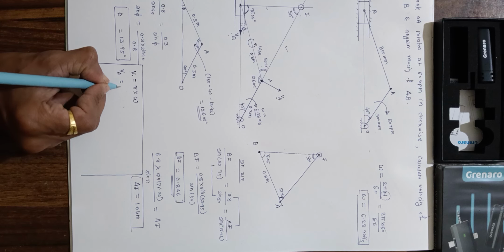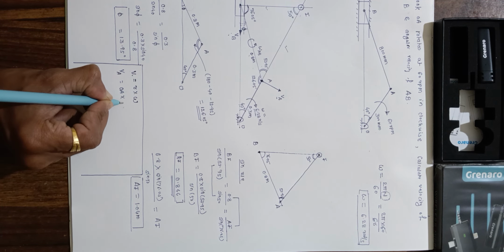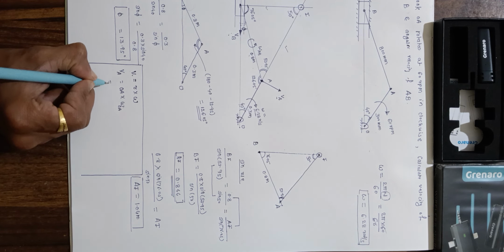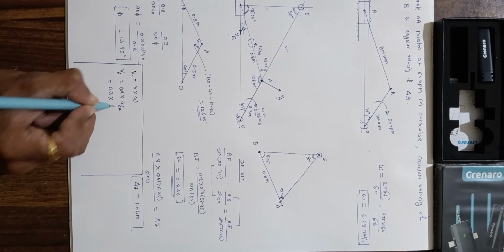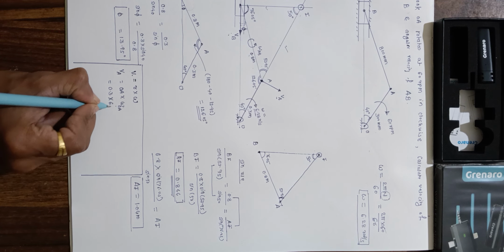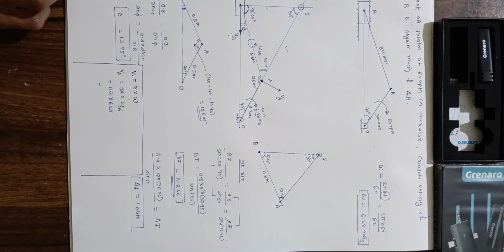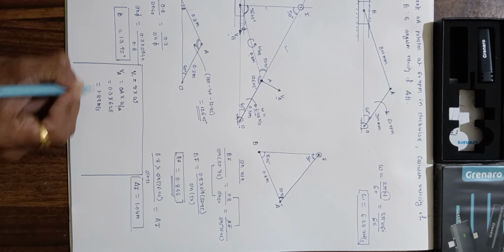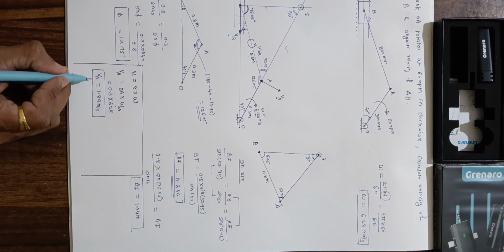So VA is equal to R, which will be distance OA, into omega, which is omega for the crank OA. So this is equal to OA, this is 0.3 meter, into omega OA, it is 6.28. So from this we get the value for VA, that is equal to 1.89 meter per second. So this is the first answer for the velocity of A.